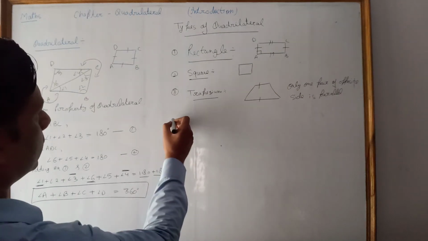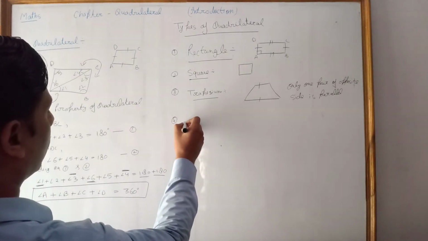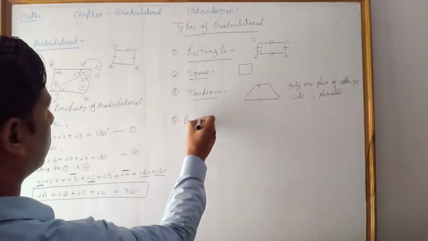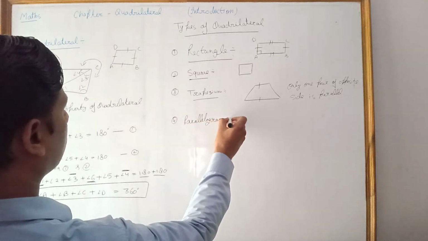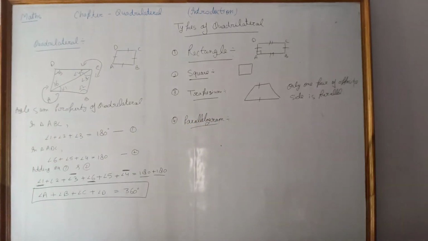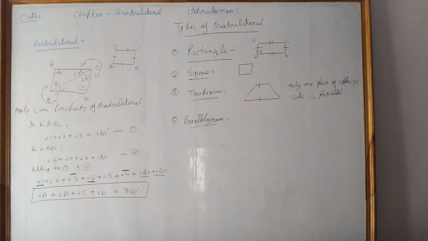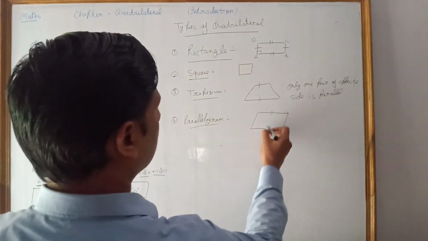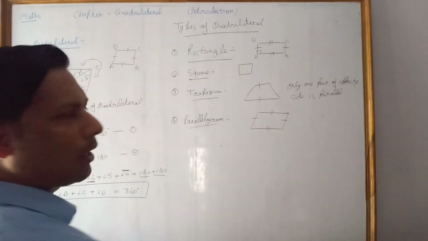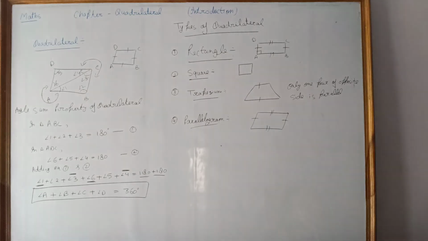Next, fourth, parallelogram. A parallelogram is a quadrilateral in which opposite sides are parallel and equal to each other.